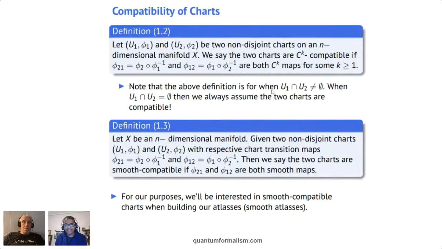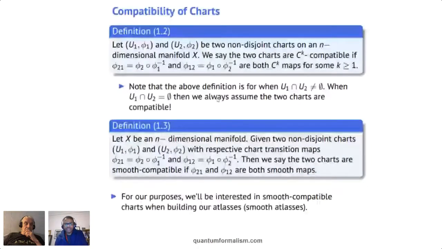One thing you probably see in the textbooks: we are defining this compatibility for U1 and U2 non-disjoint, but normally when the intersection is empty, we always assume that the two charts are compatible.